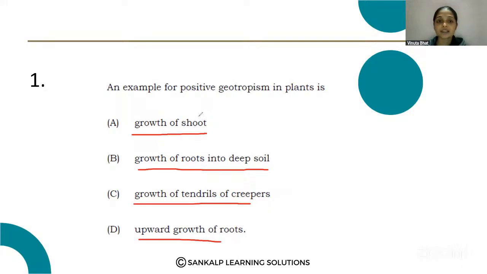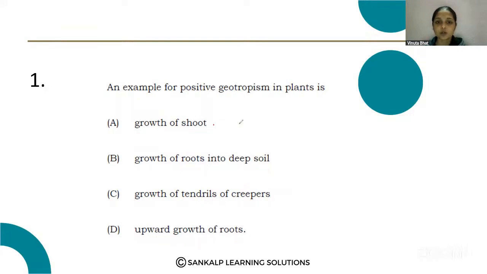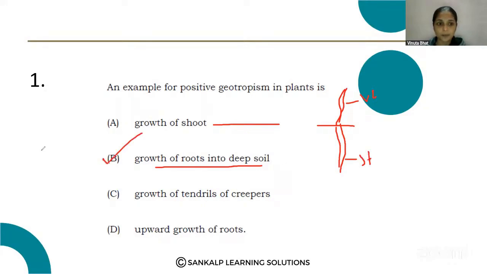Which one is the example for positive geotropism? Growth of the shoot is negative geotropism, and growth of roots into the deep soil. Yes, the root that is growing towards the soil is positive geotropism. So option B is the correct answer.